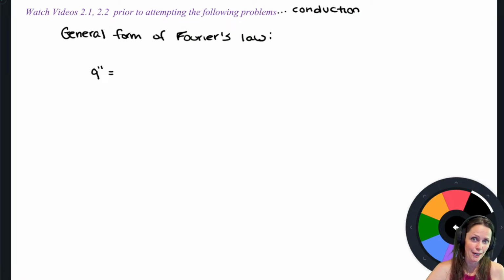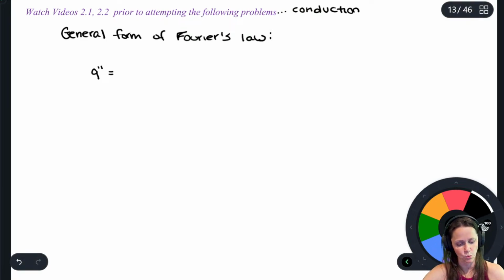But, you know, in reality, you're probably most likely going to have multiple dimensions that you're going to have to take into consideration, X, Y, and Z if you're in Cartesian coordinates.